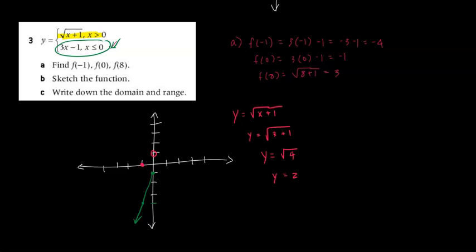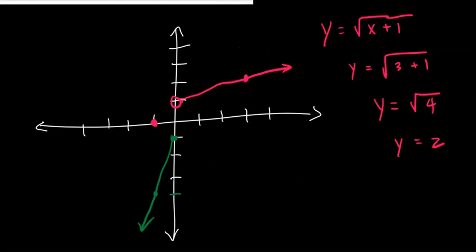And y equals 2. So that's going to be 3, 2. Starting from here, it's going to look like that. I'm just going to eliminate that little dot right there. Nope, didn't work. Try this small eraser. There we go.